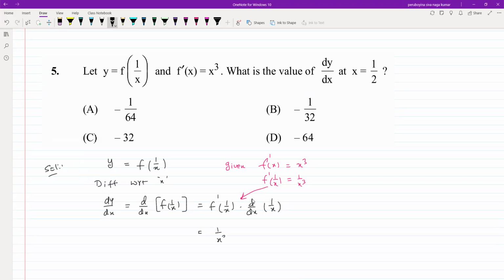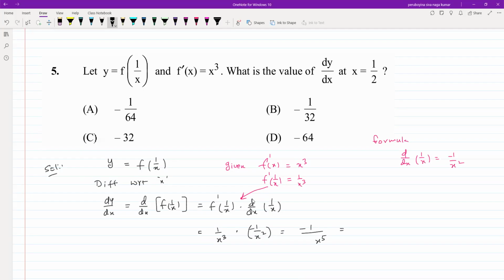It is 1 by x cube multiplied by, and we know the formula of d by dx of 1 by x. It is minus 1 by x square. So write down minus 1 by x square. If you multiply together, you will get minus 1 by x power 5.